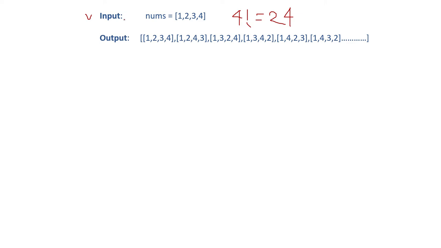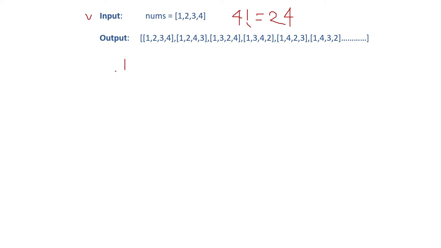How is it helpful? Let's say using 1, 2, 3, 4, I have to find all the combinations. So first, my first number will always be 1. That means by fixing the position of the first number as 1, how many combinations are possible? Here we have to find all the combinations which start with 1.